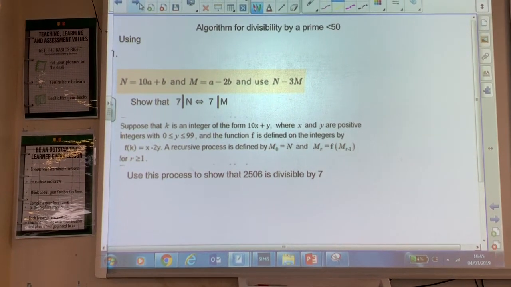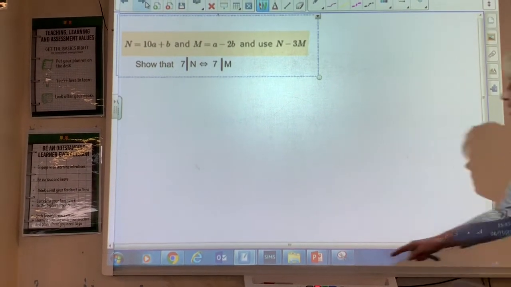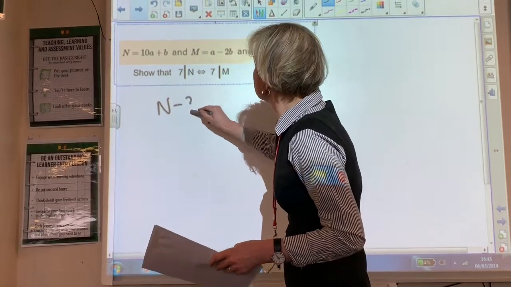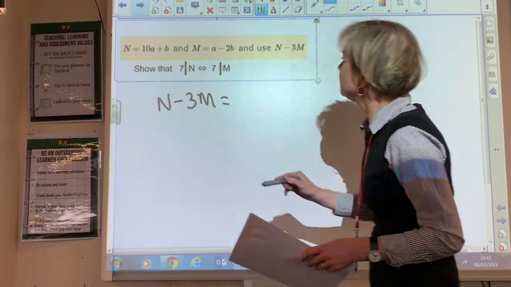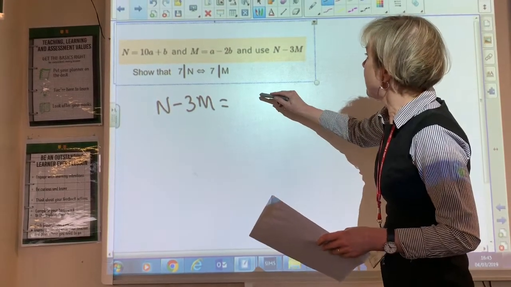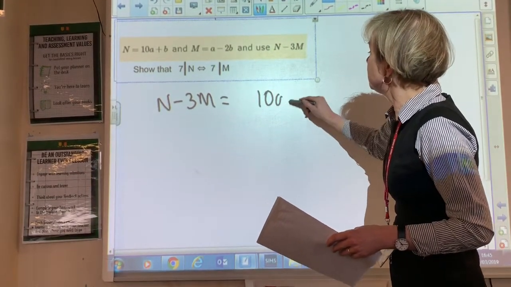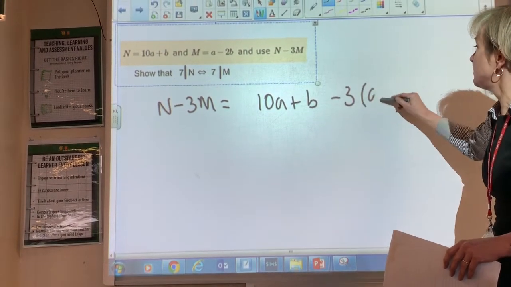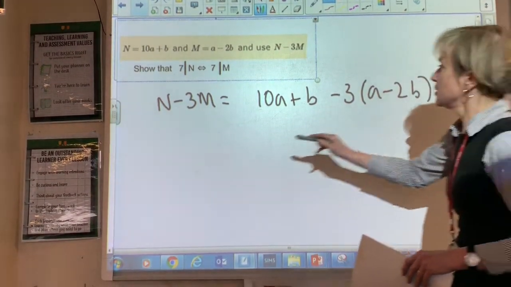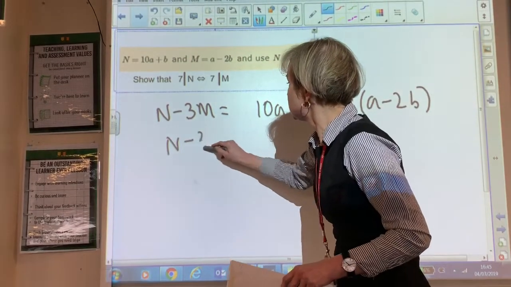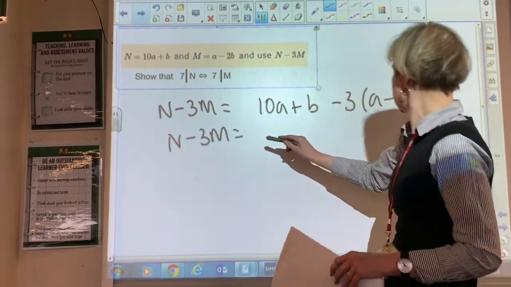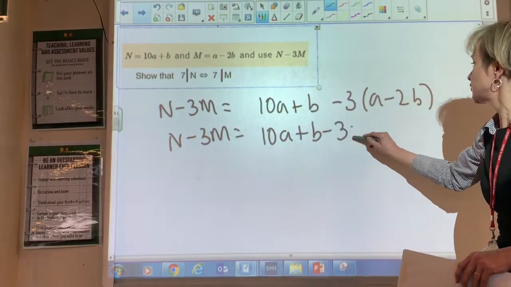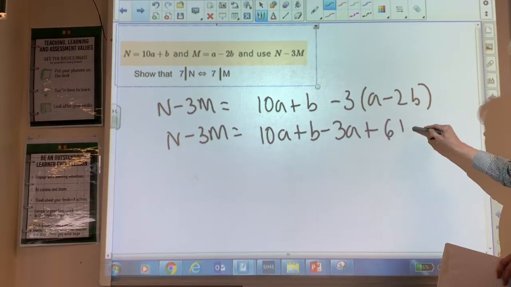The first thing we're going to do is, using their hint, we know that n minus 3m is 10a plus b minus 3 lots of a minus 2b. So n minus 3m is 10a plus b minus 3a plus 6b.